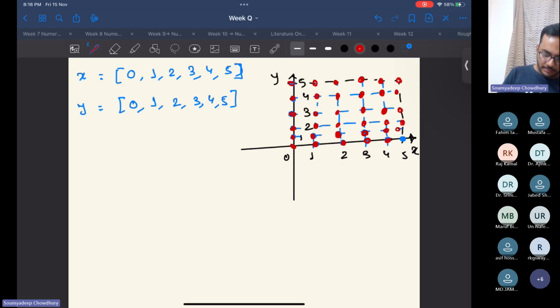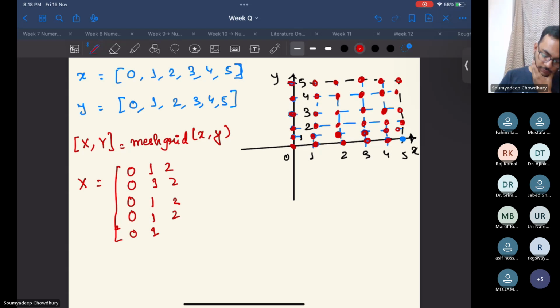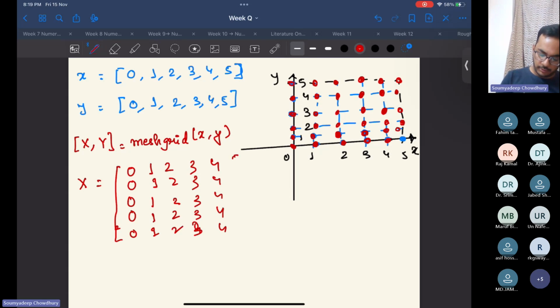So if I write capital X, capital Y equals meshgrid of x and y, what will x be? 0 to 5 in the first row, then 1, 1, 1, 1, 1, then 4, 4, 4, 4, similarly 5, 5, 5, 5.